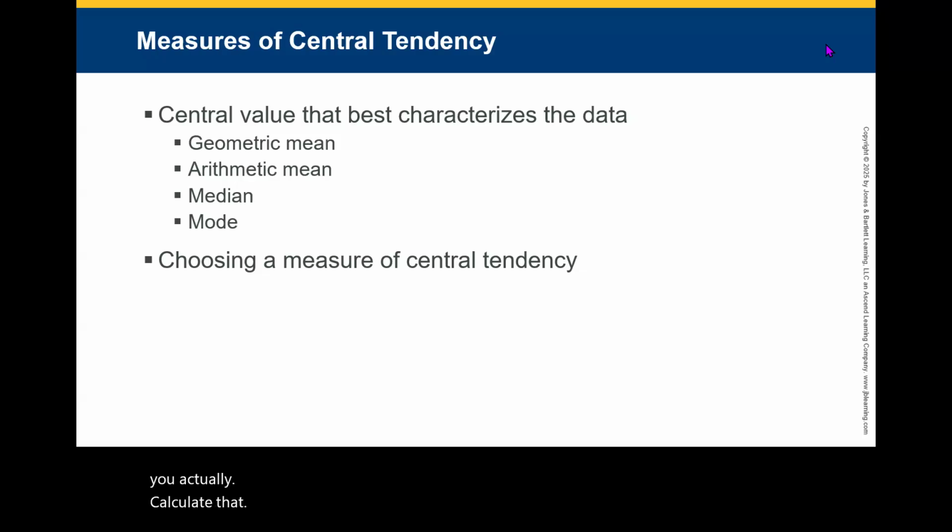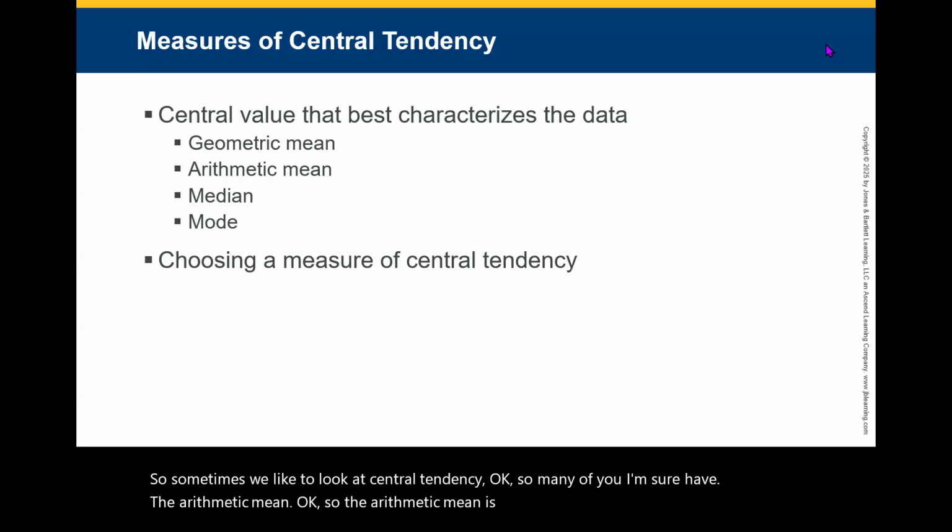So sometimes we like to look at central tendency. Okay, so many of you, I'm sure, have calculated the arithmetic mean. The arithmetic mean is basically when we talk about finding the average. We sum up all the values and we divide it by how many there were.